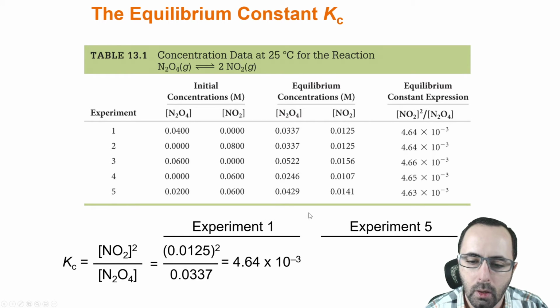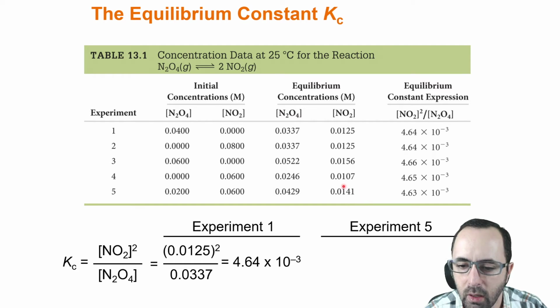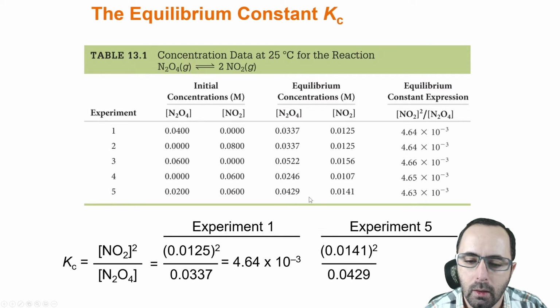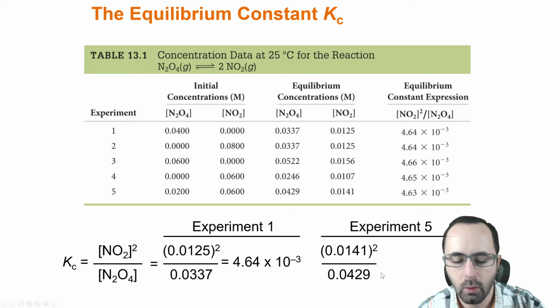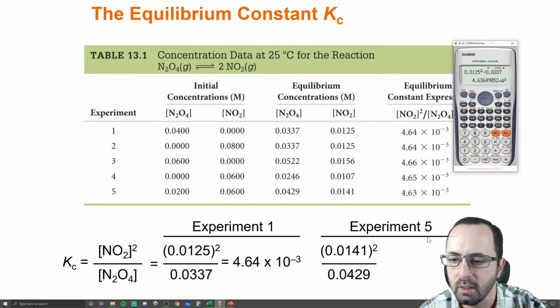So here, the equilibrium concentration of NO2 is 0.0141 molar, and we're going to square that and put that on top of the fraction. And then on the bottom, we're going to put the concentration of N2O4, 0.0429, and now we're going to calculate the equilibrium constant.